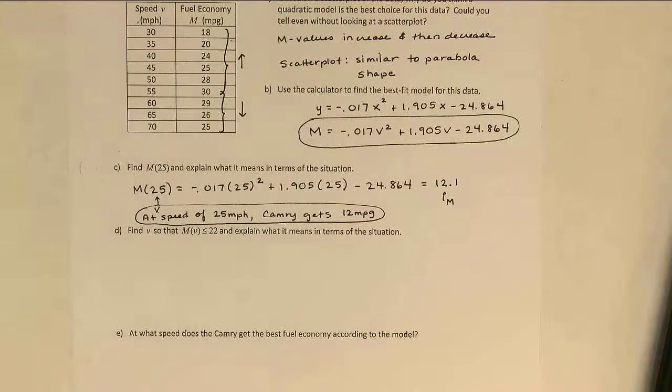Now, you can argue that that's not realistic. In fact, it probably isn't. I think Camrys do a little better than that. But at least according to our model, that's the case. And that's actually really important. We're going to talk about that according to the model in just a little bit.